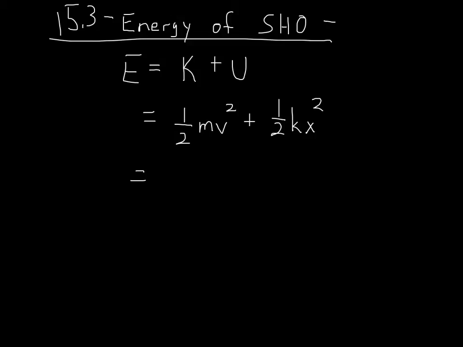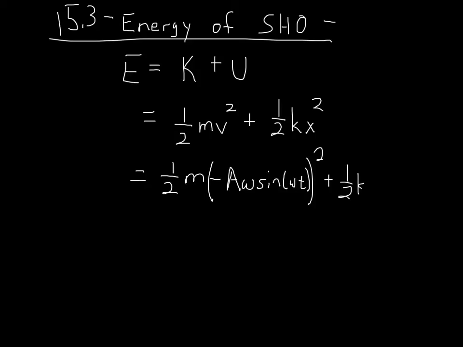I can write this in terms of my oscillator as 1/2 mass times an equation for my velocity, which we found before was negative a times omega times sine of omega t, and that's got to be squared for my velocity, plus 1/2 k times x squared, where x is a times cosine of omega t squared.